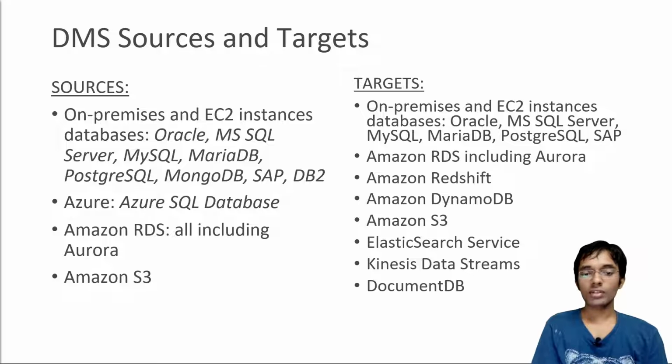Some of the possible sources and targets for DMS, I will give you some pointers here. Sources include any on-premise and EC2 instance database: Oracle, Microsoft SQL Server, MySQL, MariaDB, PostgreSQL, MongoDB, SAP, and then we have DB2.